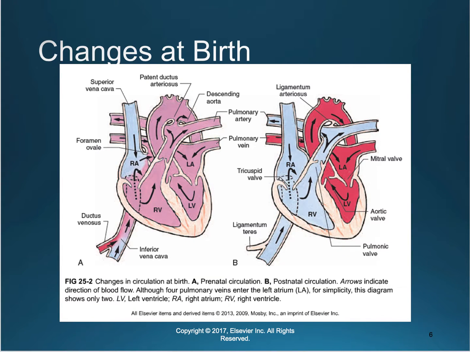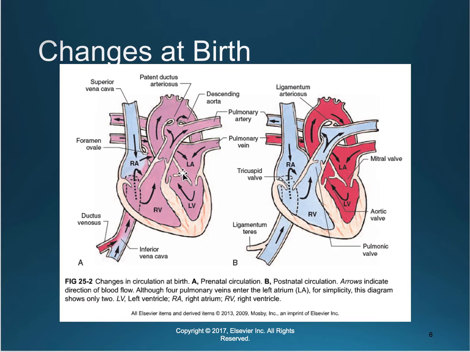So here's your picture. See how most of this is oxygenated, right? This is oxygenated for the prenatal circulation, because all the oxygenated blood is coming from the umbilicus.